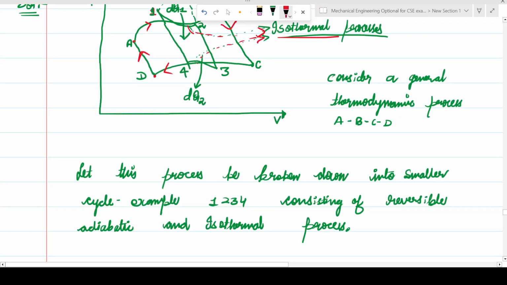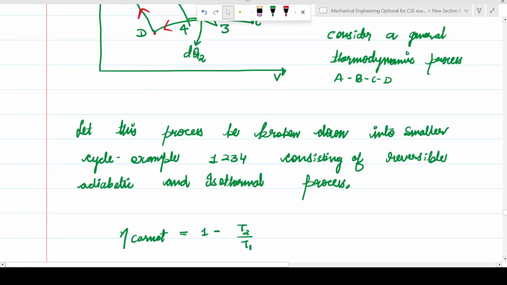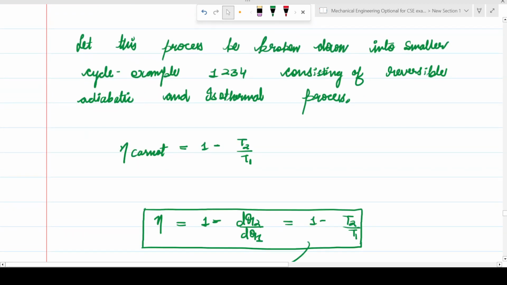Now let us assume that this cycle can be broken down into many different cycles. So this process can be broken down into smaller cycles. For example, we have broken it down into cycle 1 2 3 4.